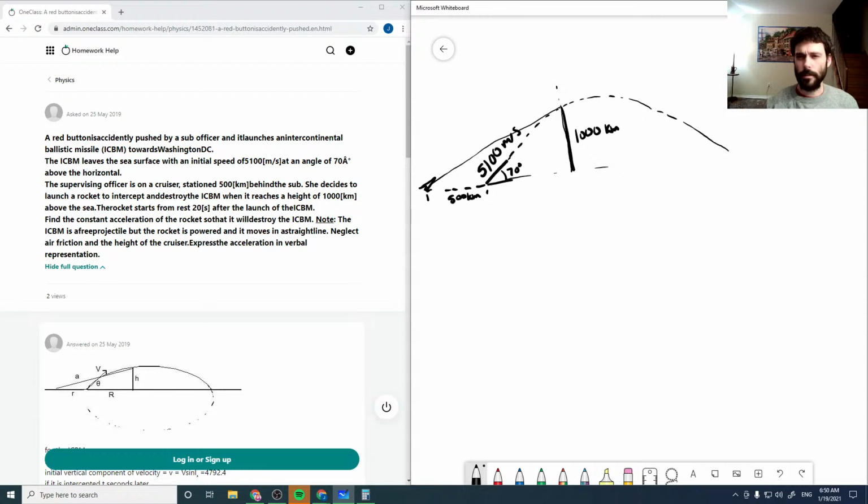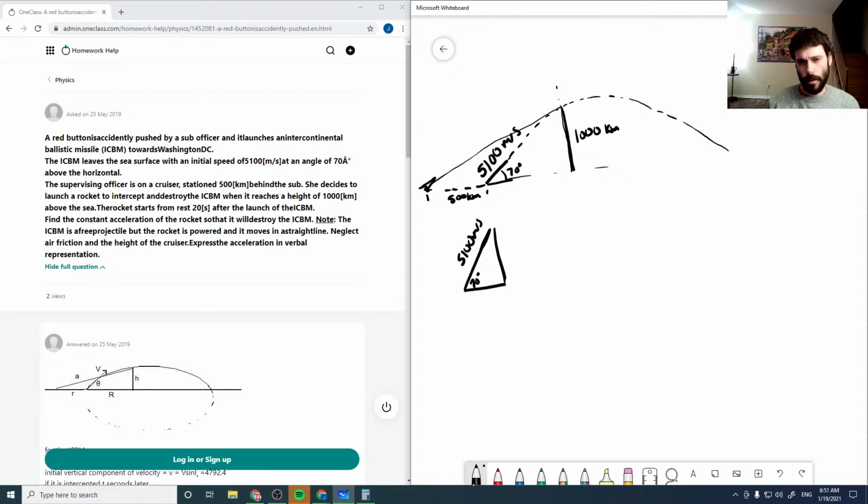So first of all, let's expand our ICBM's equations of motion here. To start off, we've got 5,100 meters per second at an angle of 70 degrees. I realize that angle is nowhere near 70 degrees. I'm just going to make it slightly better than this. So 70 degrees I think would be more like that. So 5,100 meters per second. There's a slightly more accurate triangle.